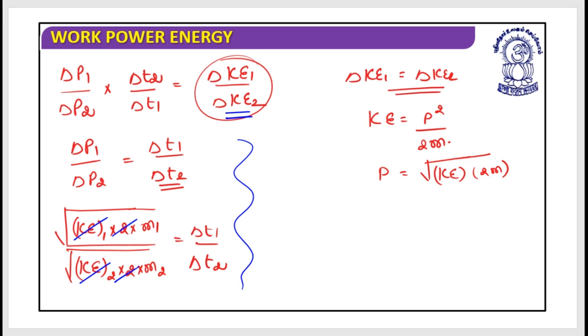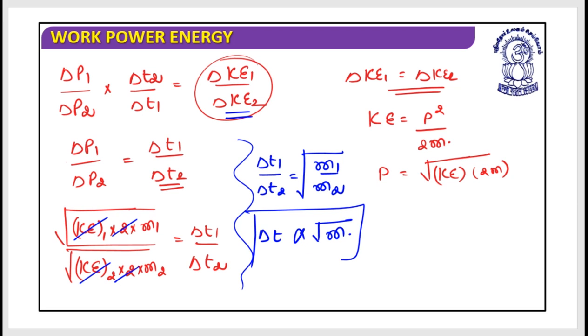So their stopping time, delta T1 divided by delta T2, is proportional to the square root of their masses. It's m1 is to m2. I can say so, the stopping time is directly proportional to the root of mass. That means higher the mass, higher the stopping time.